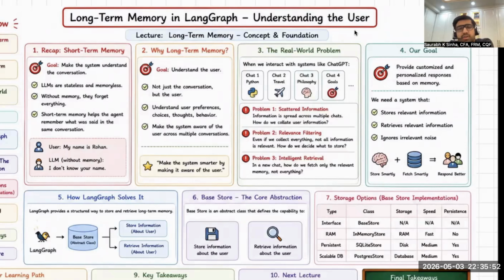And in this series of lectures on LangGraph, today we'll discuss one of the most relevant concepts of LangGraph, that is long-term memory. The reason it is needed is that today, if you want to build any agentic system and interact with it, you want the system to be smart enough to understand the user.